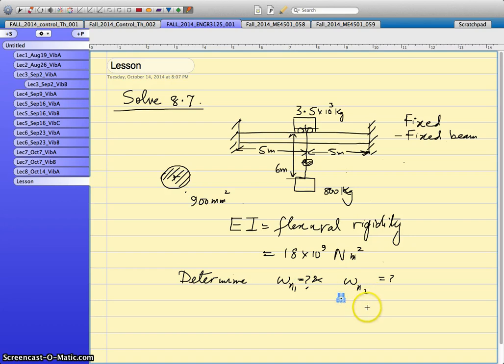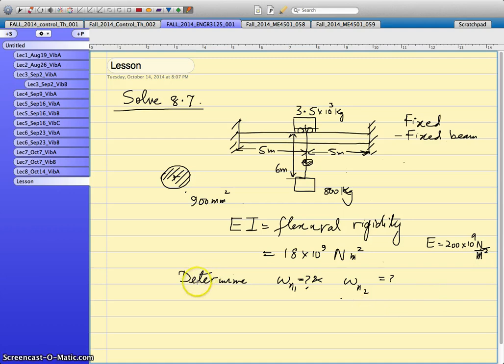Ignore the mass of the girder and use the Young's modulus of steel as 200 gigapascals. Giga means 10 to the power 9, Pascal means Newton per meter square.